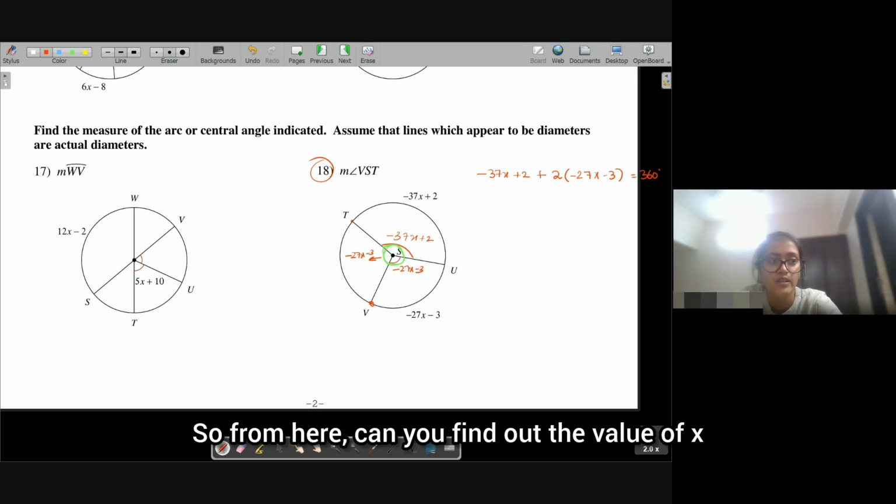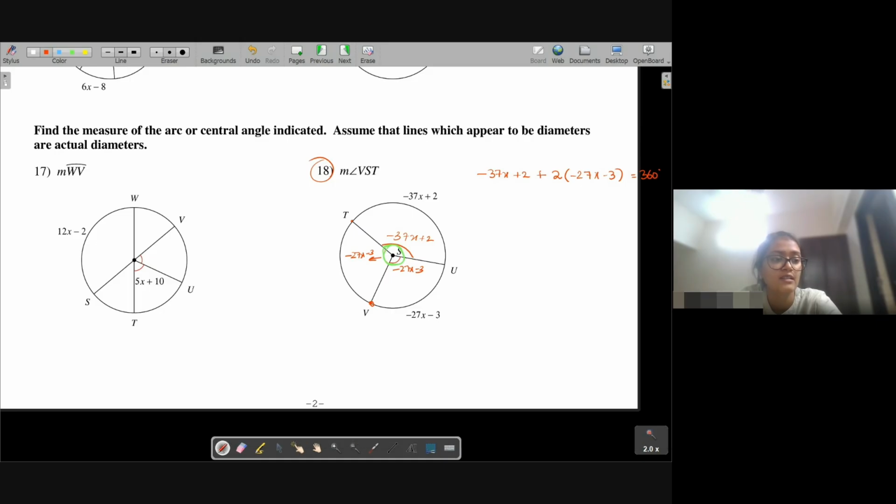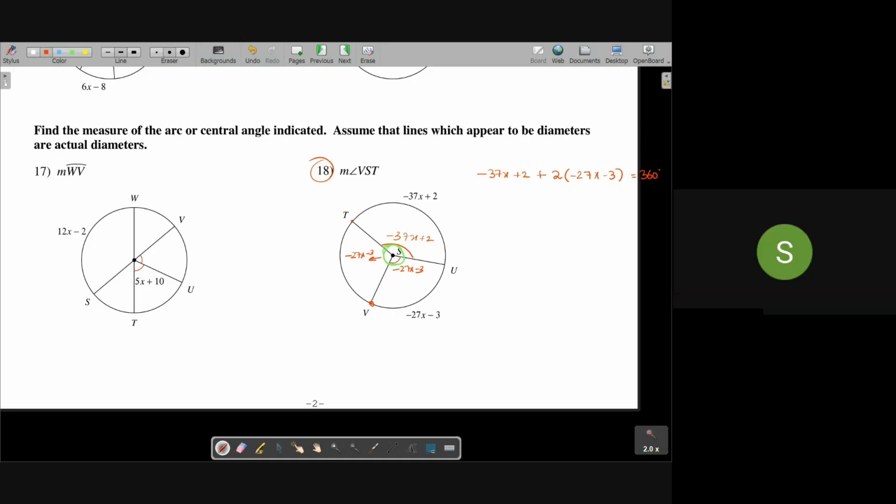So from here, can you find the value of x? Yeah, if I do 2 times negative 27, I get negative 54, and then 2 times the negative 3, I get negative 6.